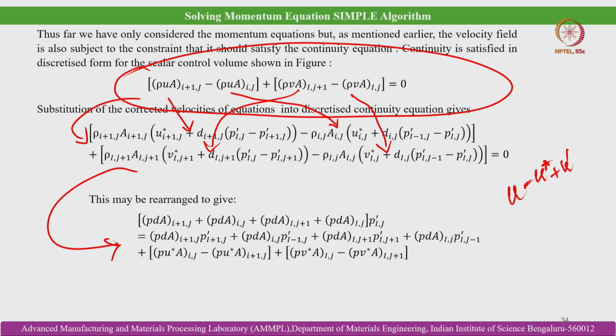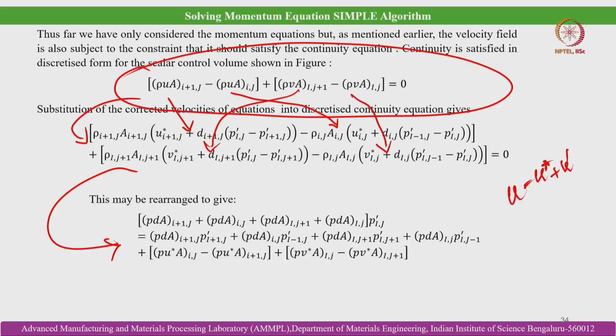Which can be further simplified as rho d a I plus 1 j multiplied by p prime I plus 1 small j, plus rho d a I j p prime I minus 1 j, and plus rho d a capital I j plus 1 multiplied by p prime I j plus 1, plus rho d a at ith and jth location multiplied by p prime capital I capital J minus 1.